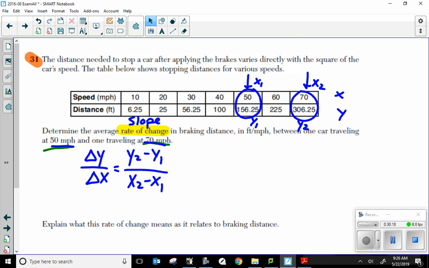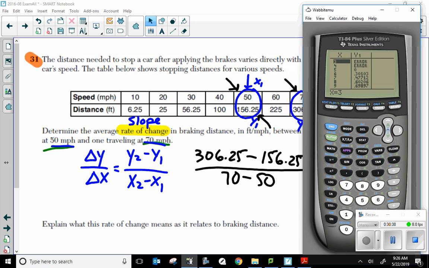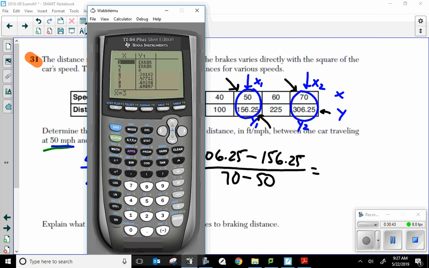Let's do this anyways. Okay, so y2, which is 306.25 minus y1, 156.25, all over x2, 70 minus x1, 50. I'm going to put this in the calculator just like that. I'm going to put that fraction just like that.